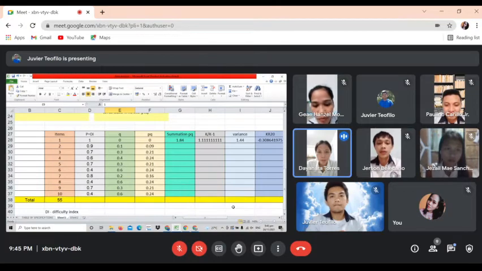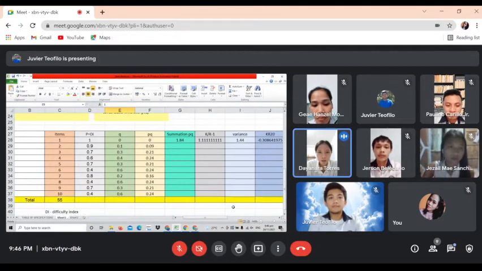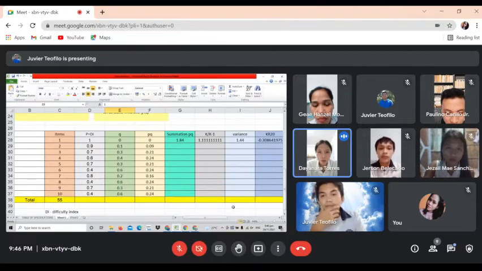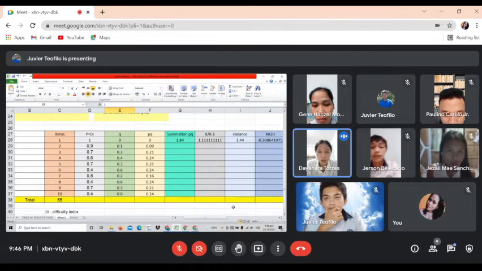So for the PQ column, we have here the values of our P in the second column, and the values of our Q from 0 to 0.6. In the column PQ, we just multiply the value of P to our Q. So for example, in our first item, P is equal to 1 and Q is equal to 0.